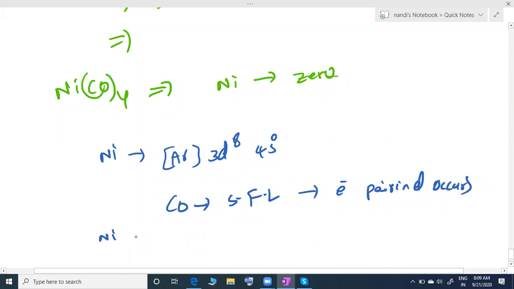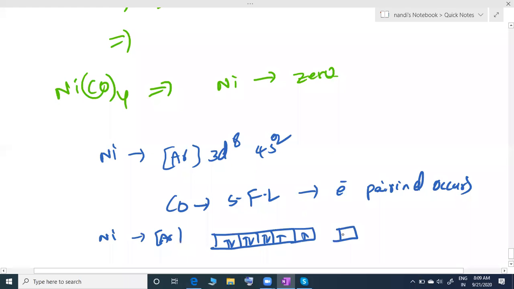So for nickel, argon, you write 3d8 electrons. Next you take 4s. Here it is actually 4s2 because 3d8.